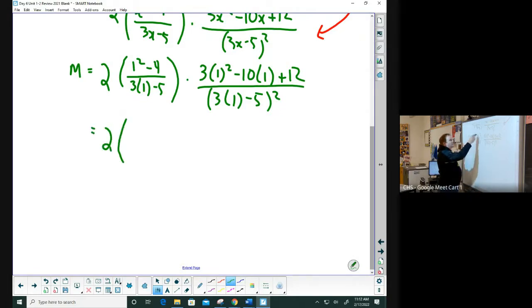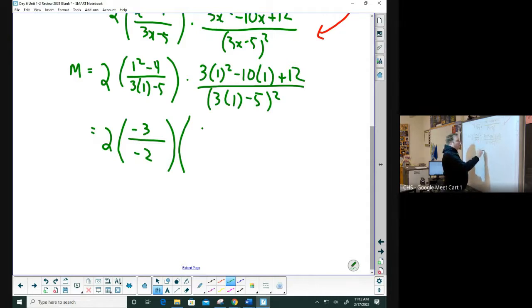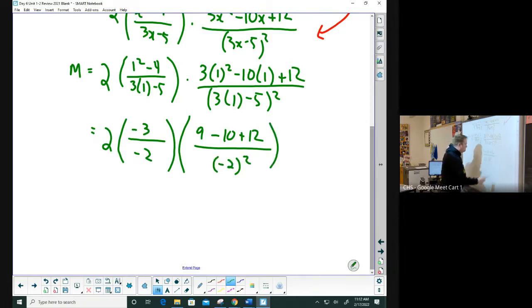Two times minus 3 on the top, minus 2 on the bottom. Here I've got 9 minus 10 plus 12 all over negative 2 squared.